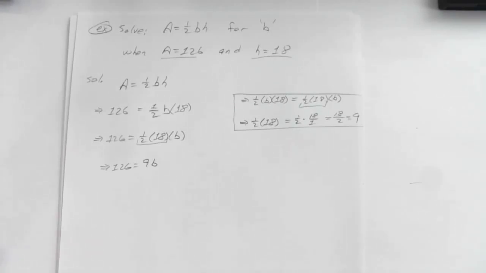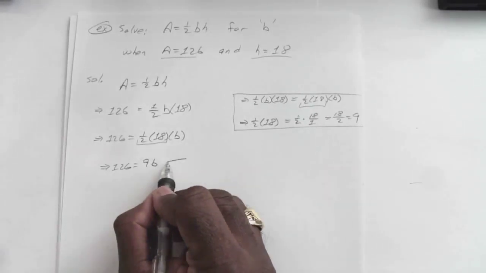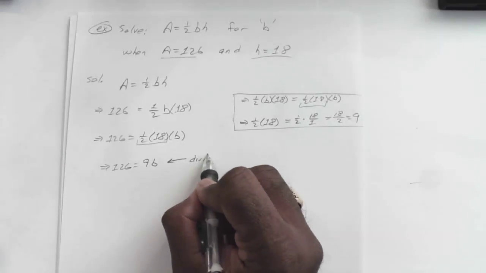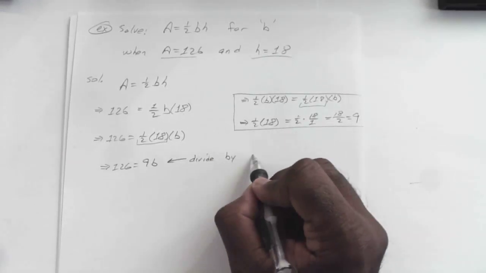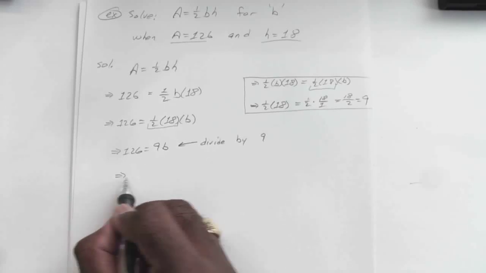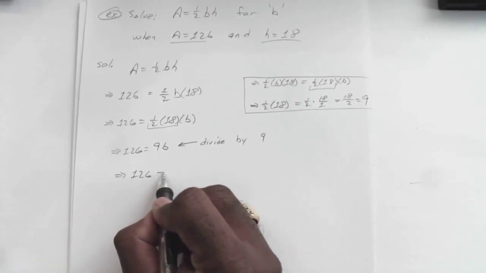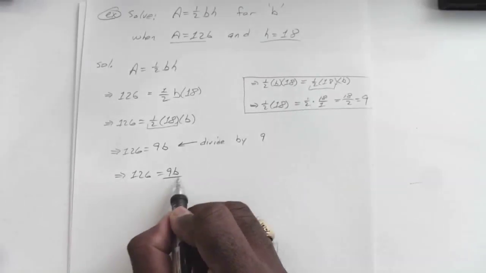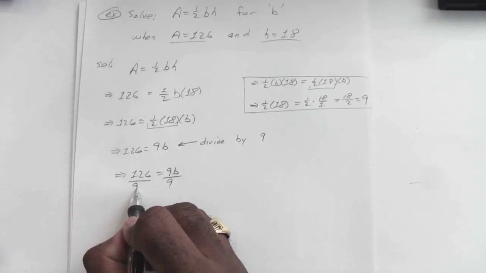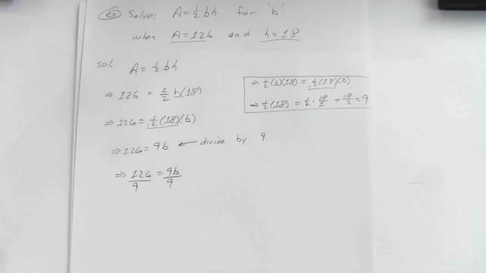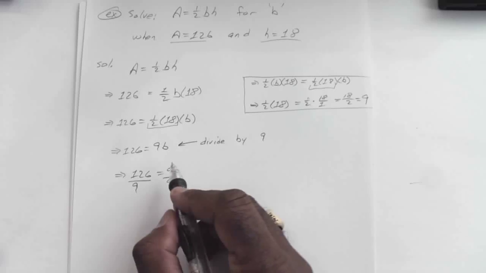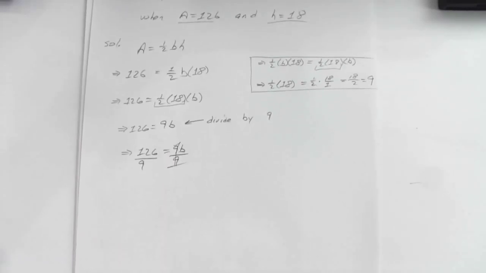So now we just divide both sides by 9. So you have 126 equals 9B. So we divide both sides by 9. Of course, anything divided by itself is 1.